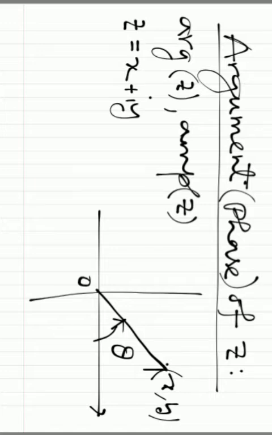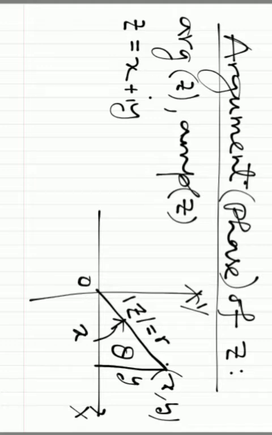For that, we will draw the perpendicular from the point xy on the x-axis. So then, if you consider the modulus to be r, then we know that this length is x and this length is y.